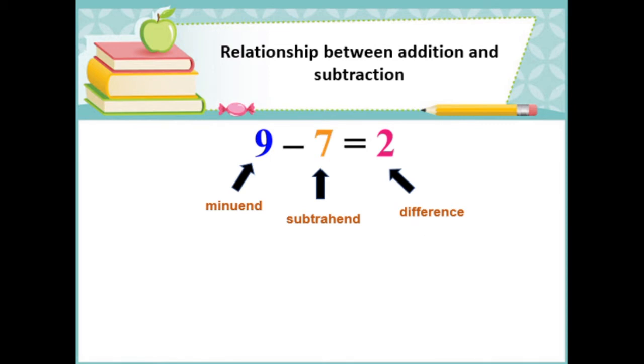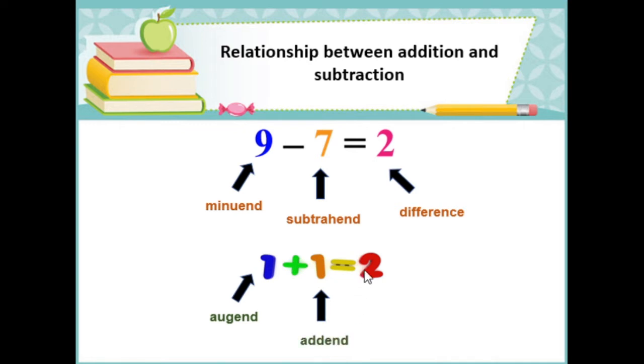These are for subtraction. For addition, 1 is our addend, 1 is our addend, while 2 is the answer or the sum. Addend, sum.